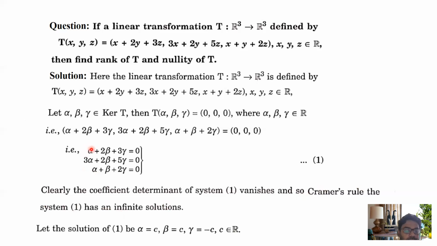If I subtract equation 1 minus 2, what do we get? One relation in terms of beta and gamma. So if I take the solution alpha equals C, automatically beta equals C and gamma equals minus C.